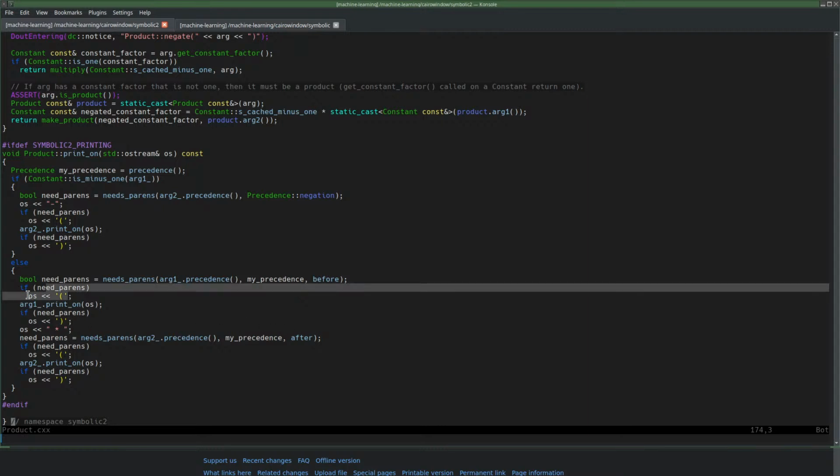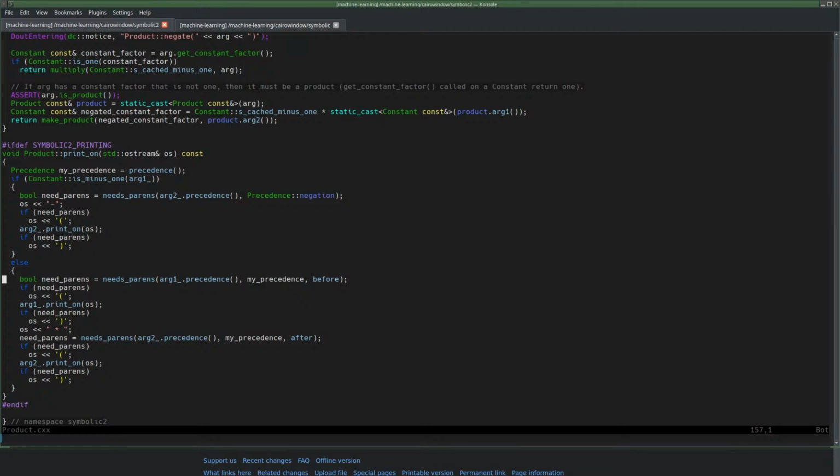These parentheses, right? So it's just saying that we need parentheses when argument 1 precedence, comma my precedence before. Yeah, okay, nobody understands that.